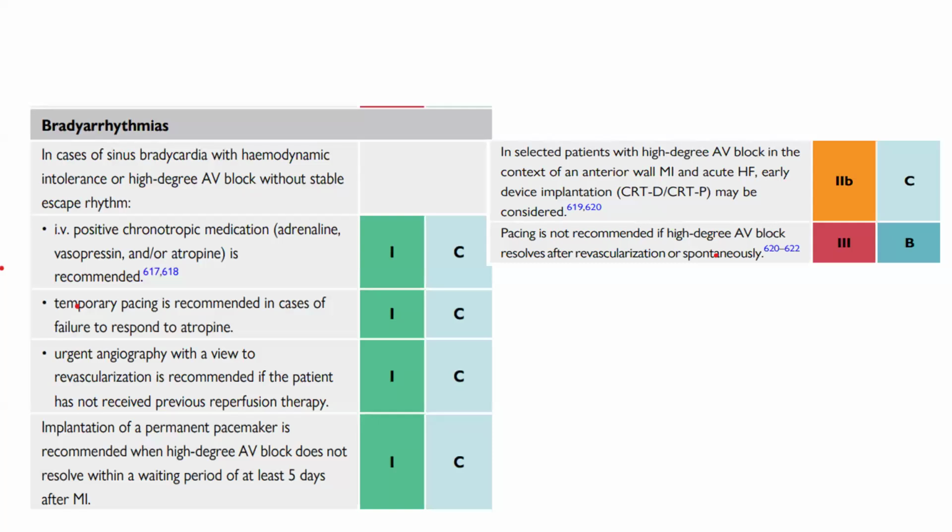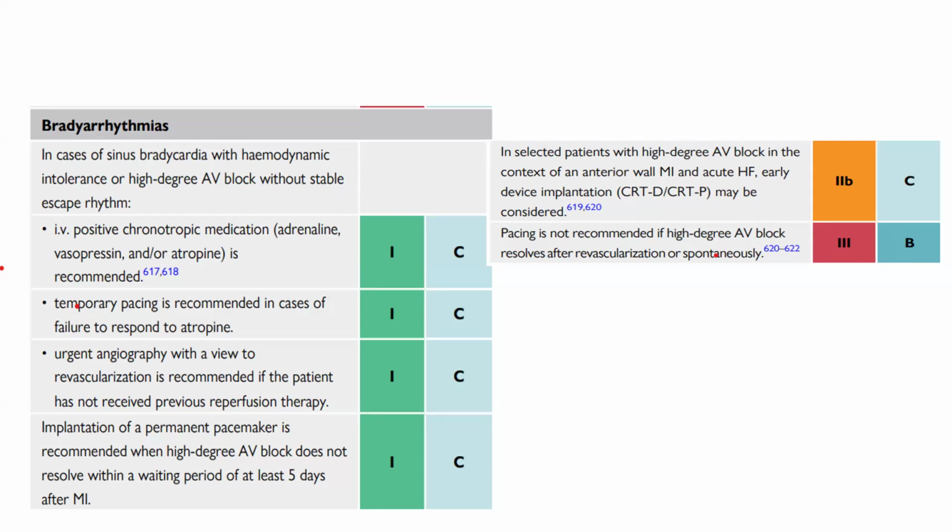In terms of bradyarrhythmias, in case of sinus bradycardia with hemodynamic intolerance or high-grade AV block without stable escape rhythm, IV positive chronotropic medication, adrenaline, vasopressin, and/or atropine is recommended. Temporary pacing is recommended.